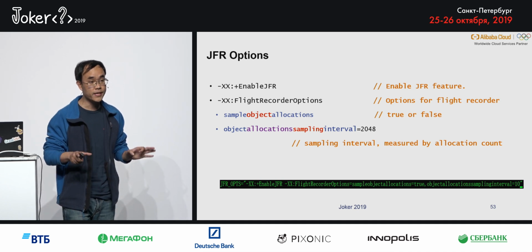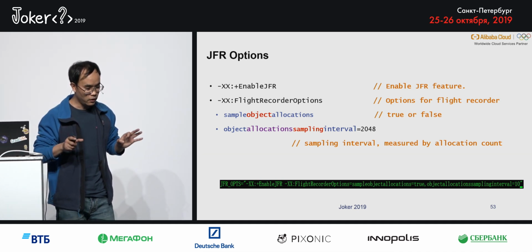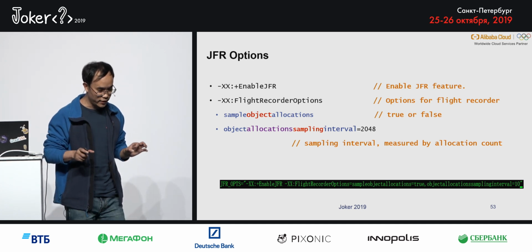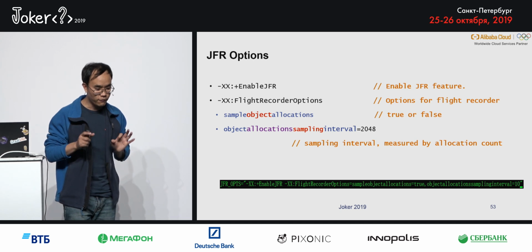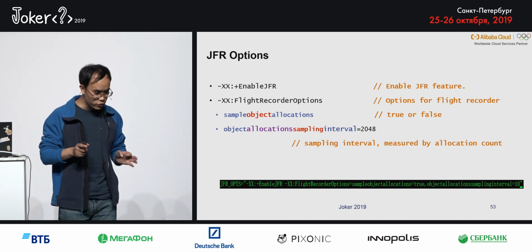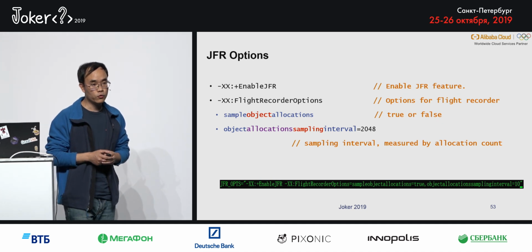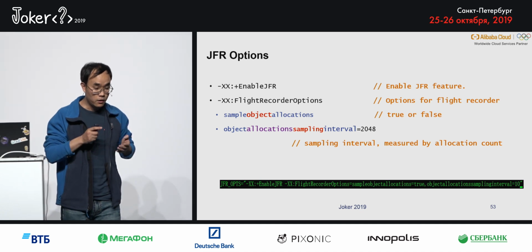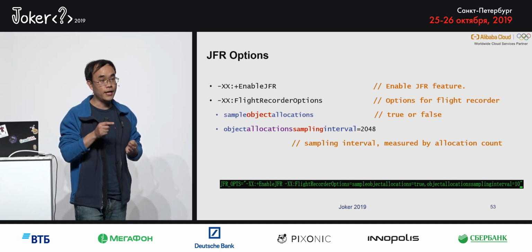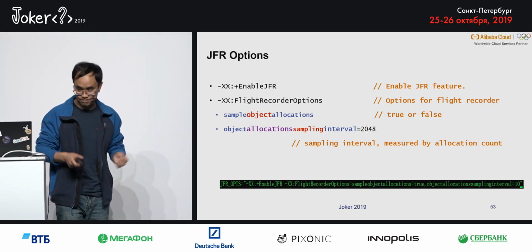If it is true, it means you want to sample object allocation. The second is that you can configure the interval. For example, if you set your object sampling interval as 10, you will take object allocation samples at the first, the 11th, the 21st, and the 31st, and so on.